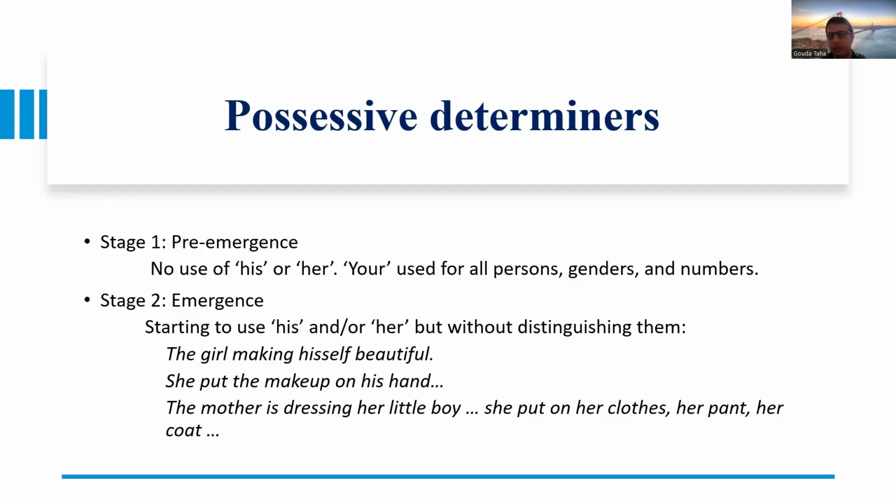So you might hear utterances like "the girl making herself beautiful," "she put the makeup on his hand," "the mother is dressing her little boy," "she put on her clothes, her pants, her coat." So here we have some kind of possessive determiner, maybe not the right one, but here they are there.